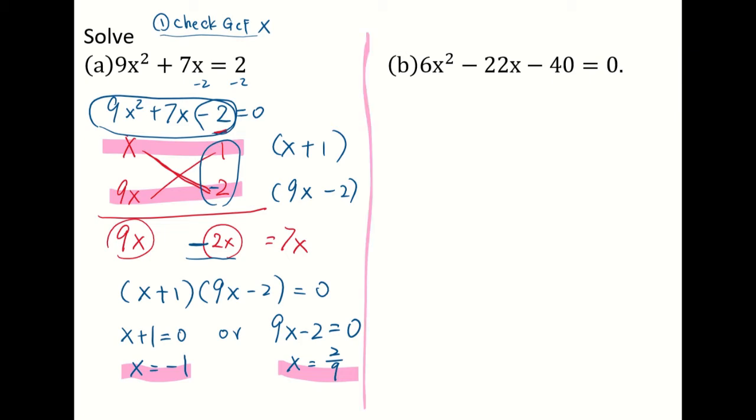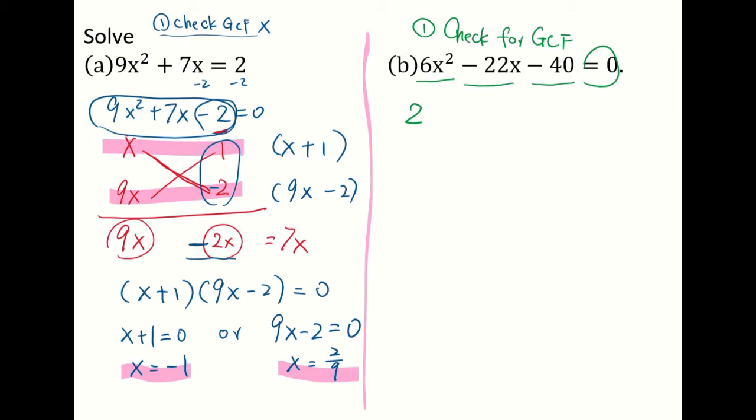Now let's look at problem B here. Okay, first step, well, we already have 0 on one side, that's great. First step, let's check for GCF, greatest common factor. Between these three terms, 6x squared, negative 22x, and negative 40, there is a GCF, which is 2.